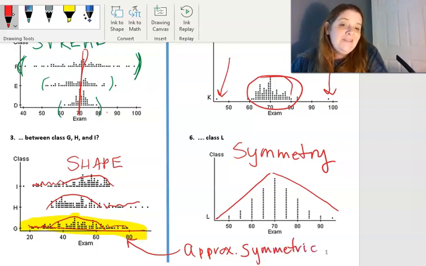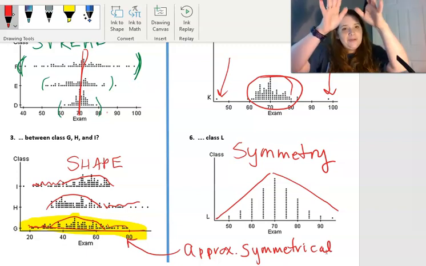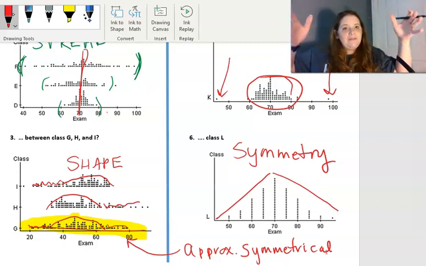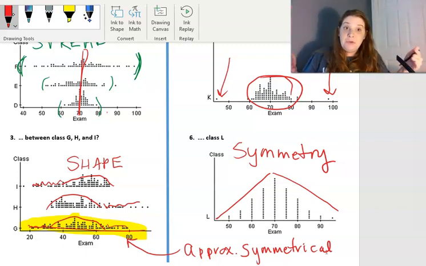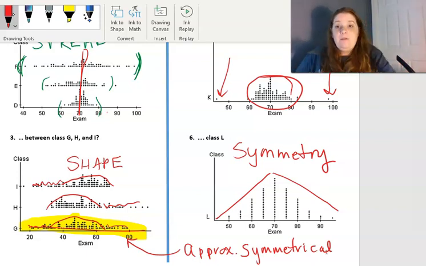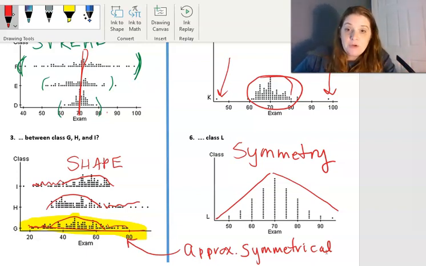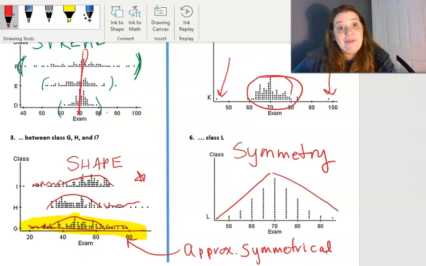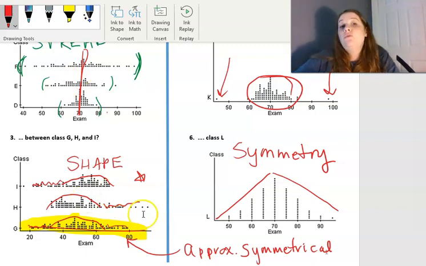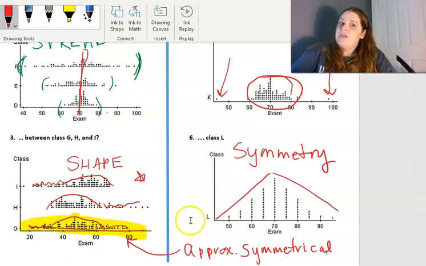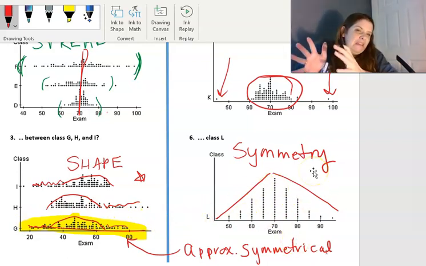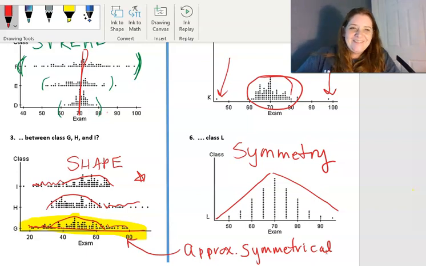But if you did fold it in half, the high values kind of match up together, and then it trickles off on both sides, and those values would match up. Class I is definitely not symmetrical. If you fold class I in half, you're going to have the larger bars matching up with the lower bars. That definitely doesn't work. So it's okay for us to say it's approximately, it's pretty close, it's roughly, that's okay in our class. Okay. All right.